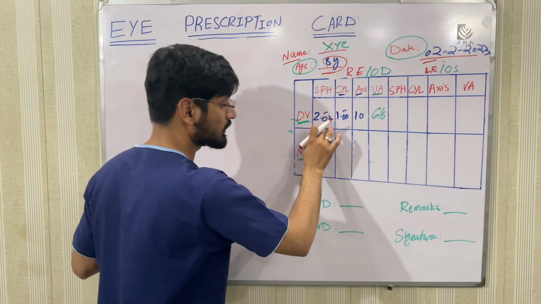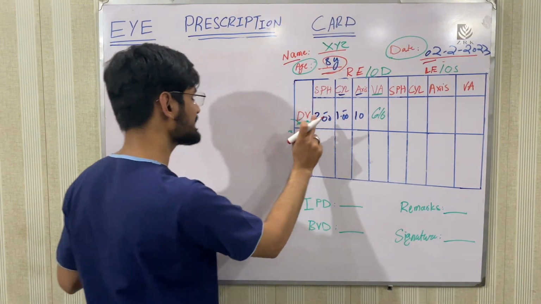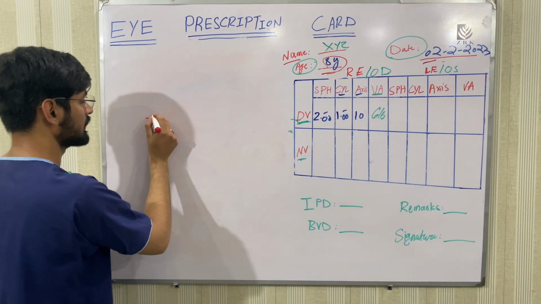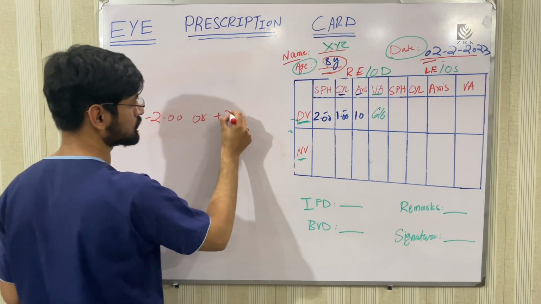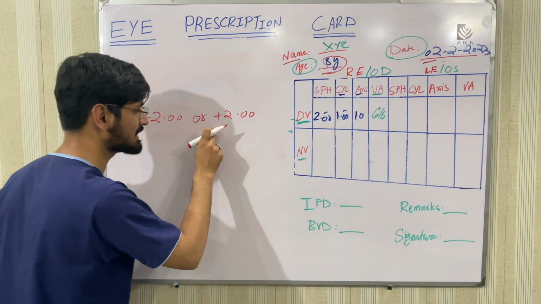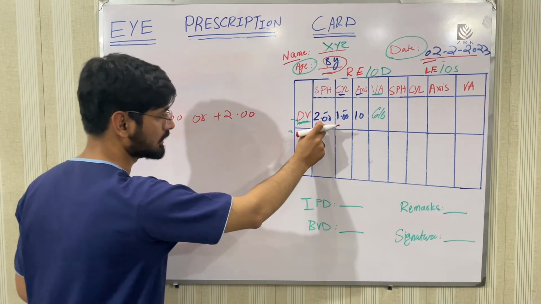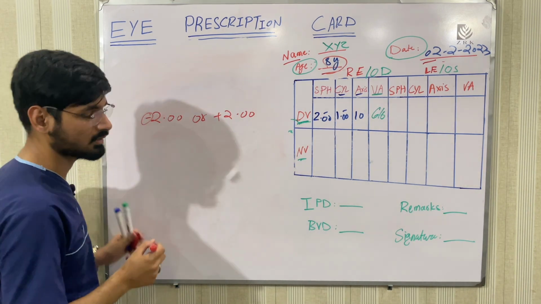The most important thing with the number is that you always mention a sign with the number. For example, my patient is having -2 or having +2. So it is necessary for me to always mention a sign with the number. Don't write a number without the sign.